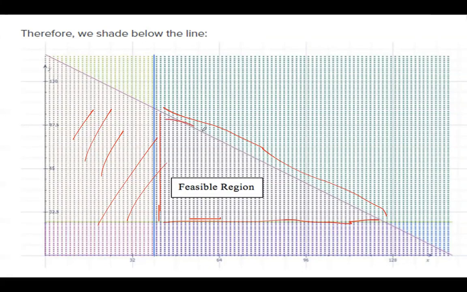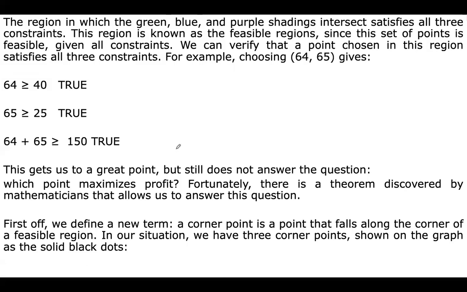So this purple area. If we take any point inside this, it will satisfy all the equations. Suppose we take a point 64, 65, it is satisfying this, this is satisfying this, and this is satisfying this equation as well.